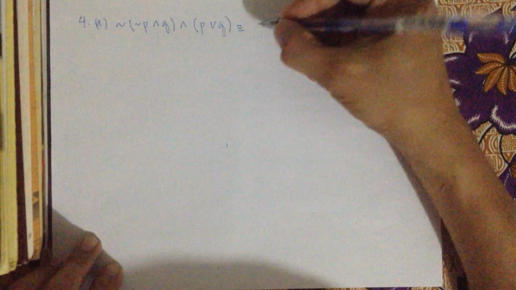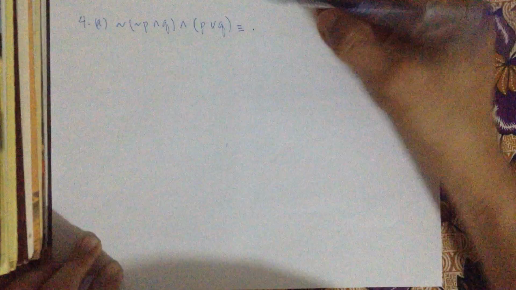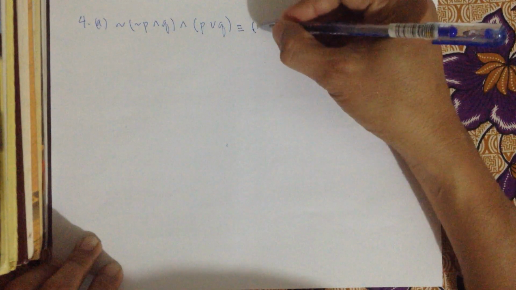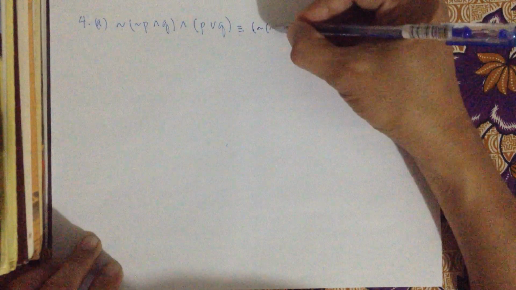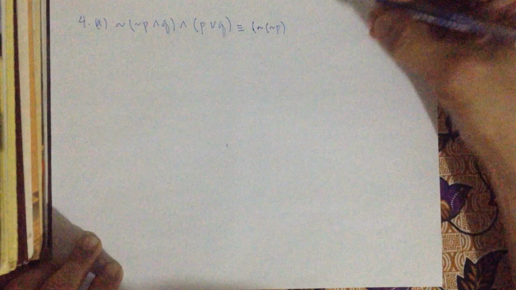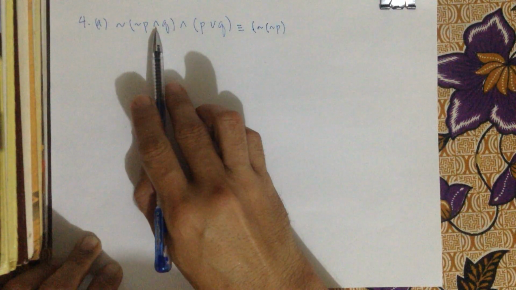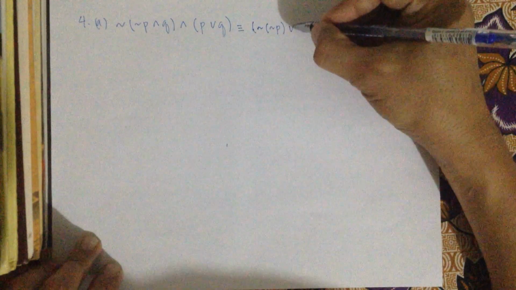So we distribute that. We have negation of the negation of P. Then remember the effect of negation to AND: it will become OR.